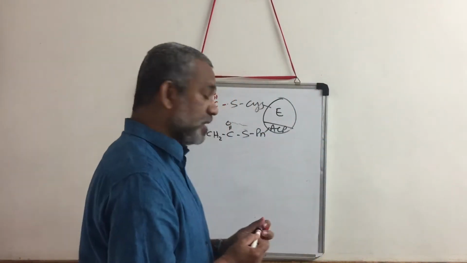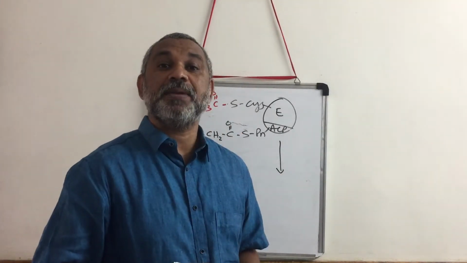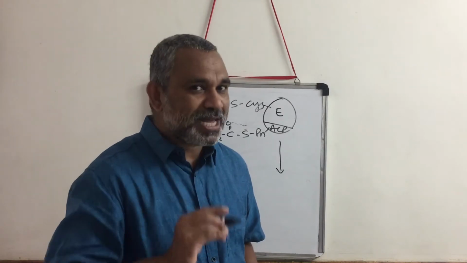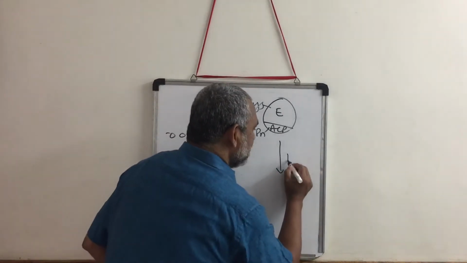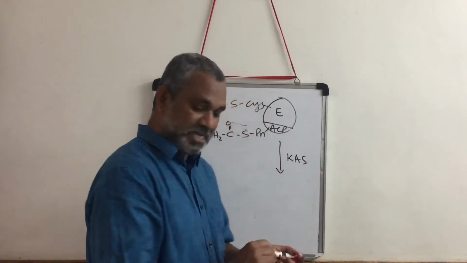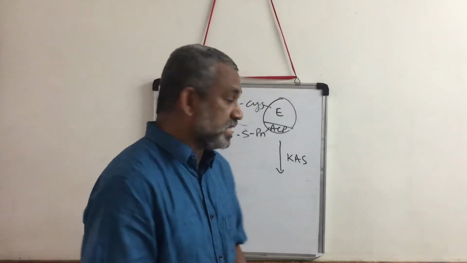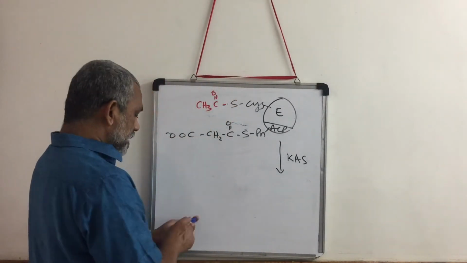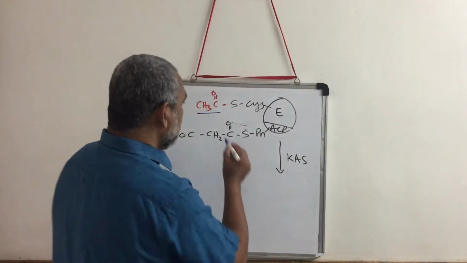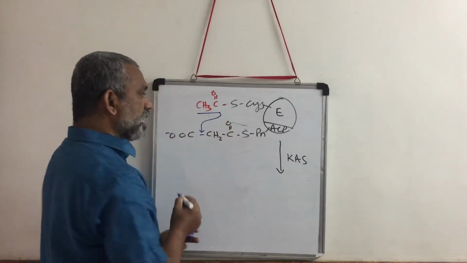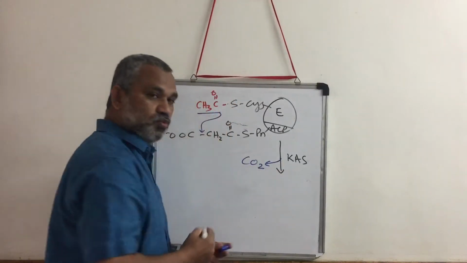So in the next step, we have one more enzyme in domain number 1. The name of that enzyme is ketoacyl synthase. Now what the ketoacyl synthase enzyme does is, it's interesting, this acetyl group is attacking this carbon-carbon bond and it will displace CO2.